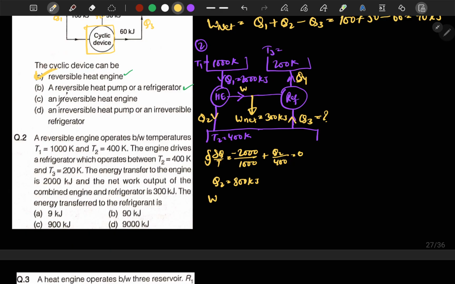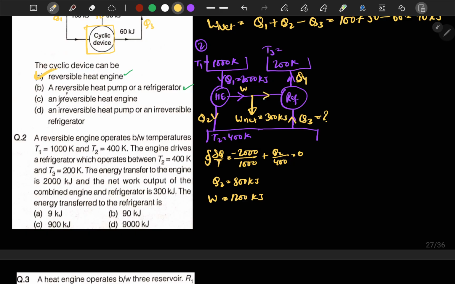Since Q2 is equal to 800 kilojoule, we can calculate that the work produced by the heat engine will be equal to 2000 kilojoule minus Q2, that is 800, which is 1200 kilojoule. From this 1200 kilojoule we can still obtain 300 kilojoule of work.